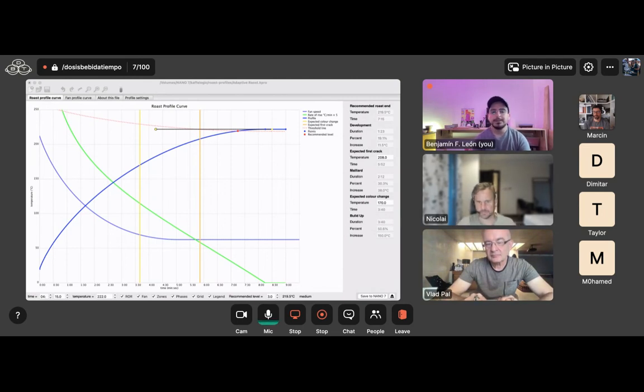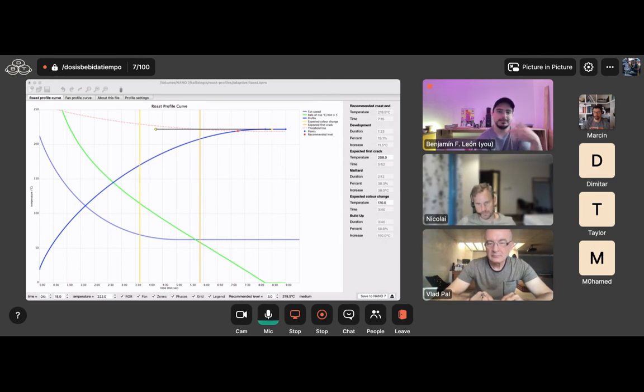But while it's important to know where first crack happens and when development time starts, as long as you're consistent with how you take note of it and log it, it doesn't make much of a difference, because it's not translatable to other roasters anyway.